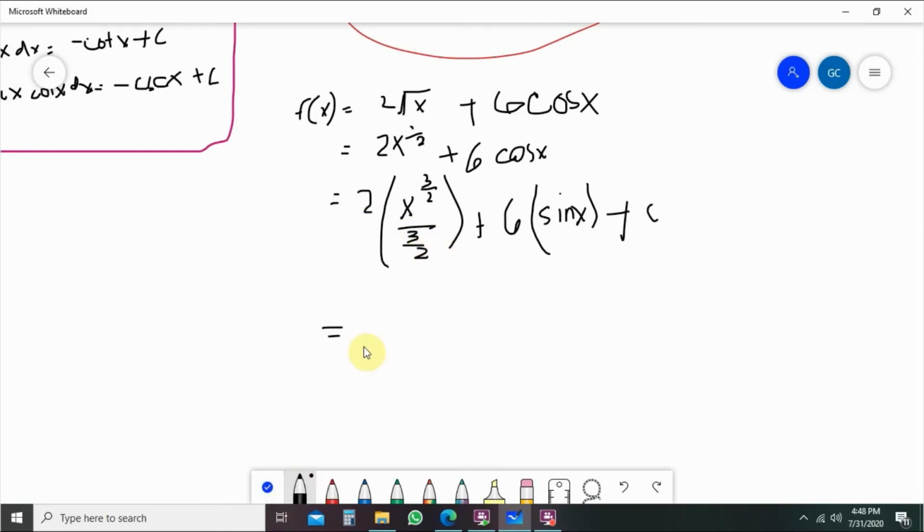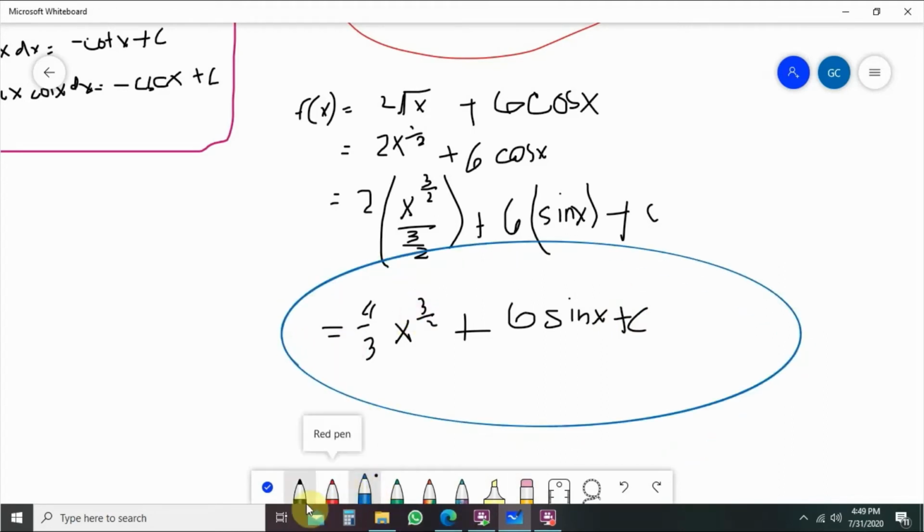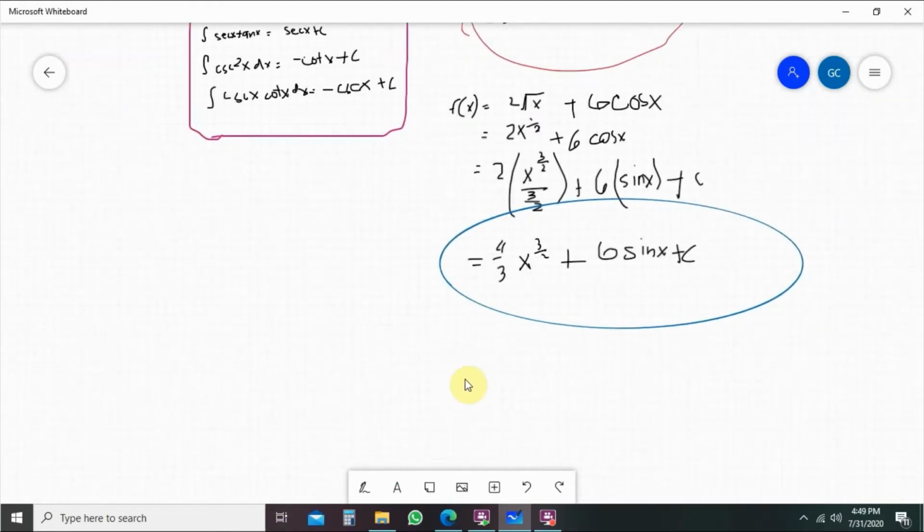So we have 4/3 x to the 3/2 plus 6 sine x plus some constant c. Now that is your final answer. That is pretty easy, huh?